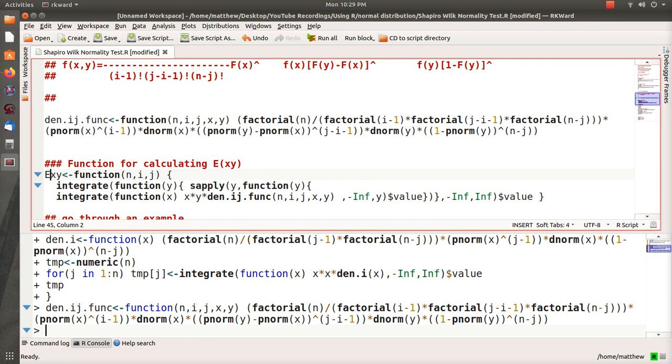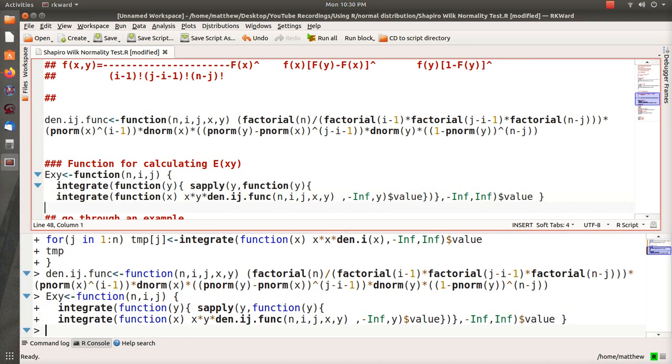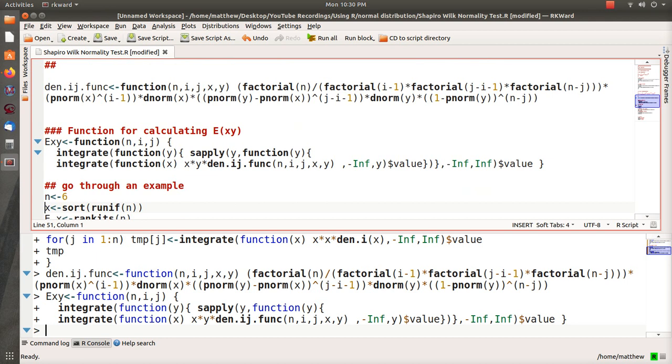So we're integrating x from negative infinity to y, and then y goes from negative infinity to infinity. So here I take x times y times the ij density function, and then I integrate x from negative infinity to y, and then I integrate y from negative infinity to infinity. So I need to load this function, and now I want to go through an example.